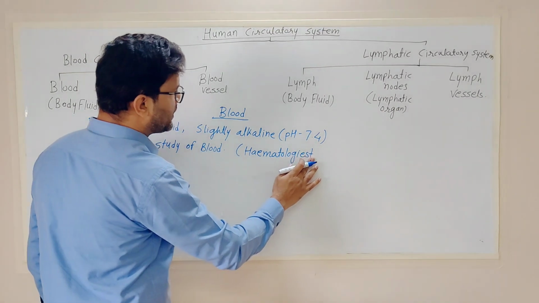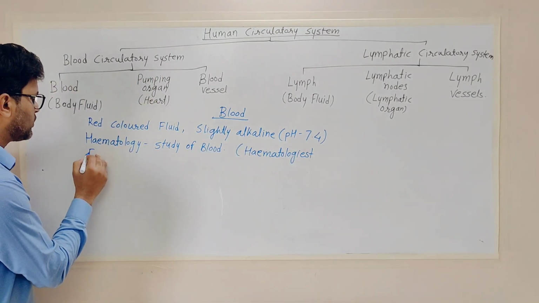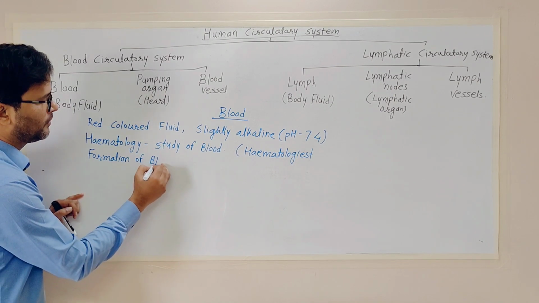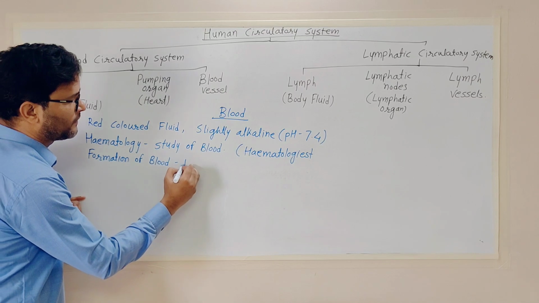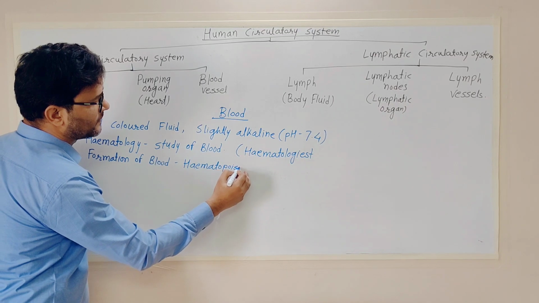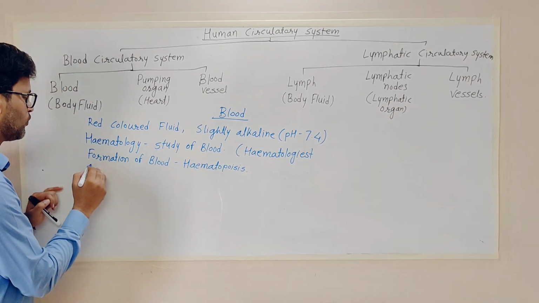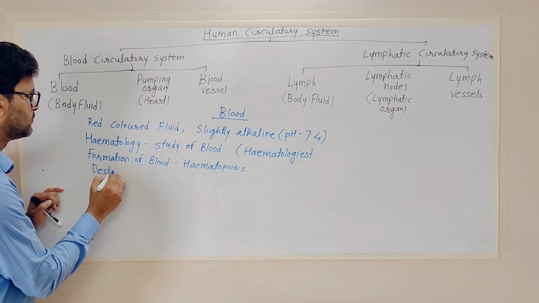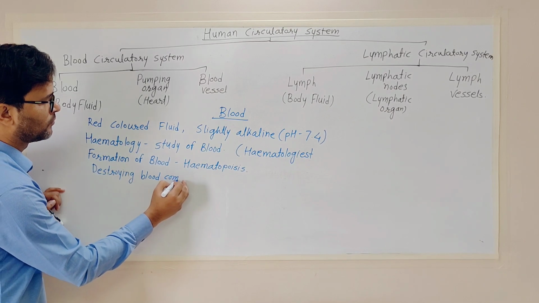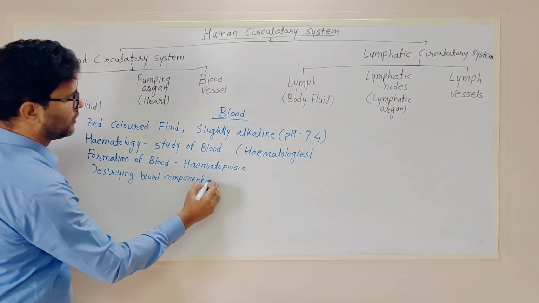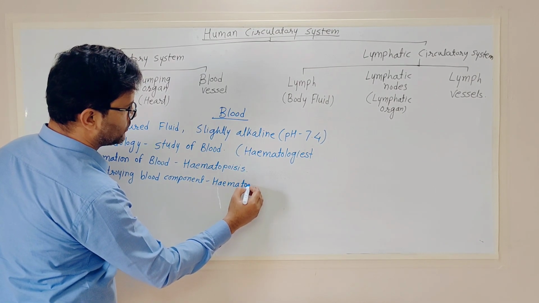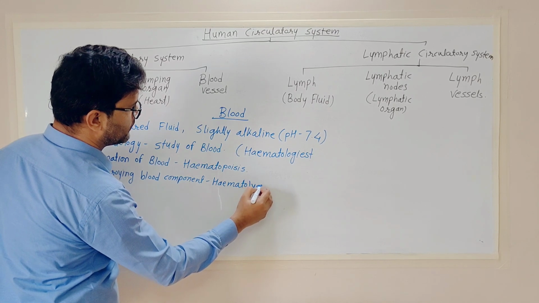Now the formation of blood is known as hematopoiesis, and the process of destroying blood components is hematolysis.